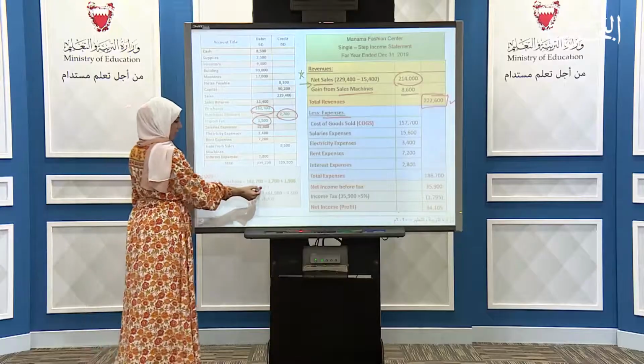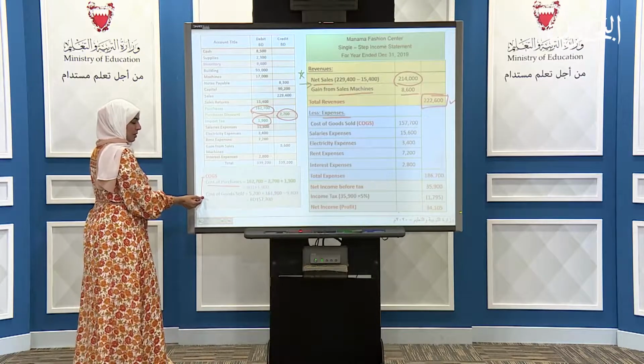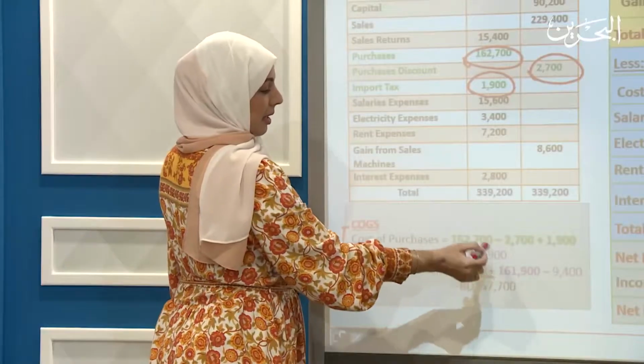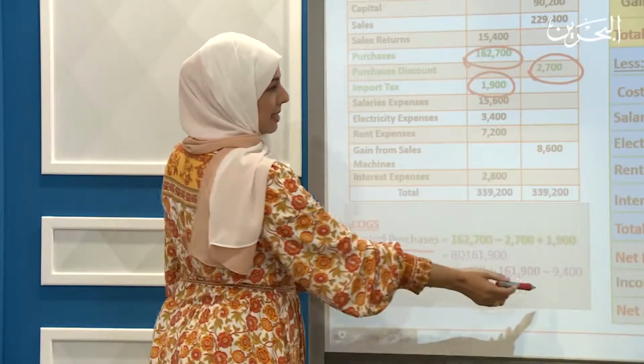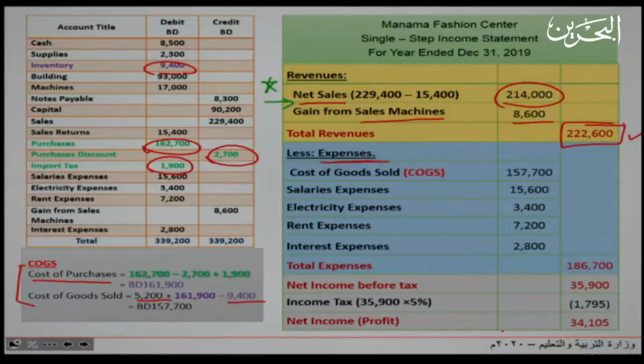Then, for the cost of goods sold, I use the beginning inventory, add with it the cost of purchase, and subtract from it the ending inventory that I have in the question. So I will get the cost of goods sold.